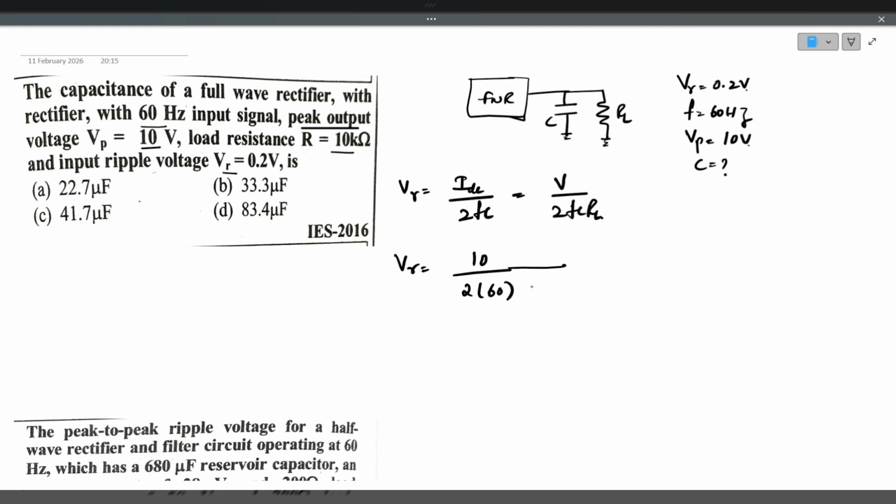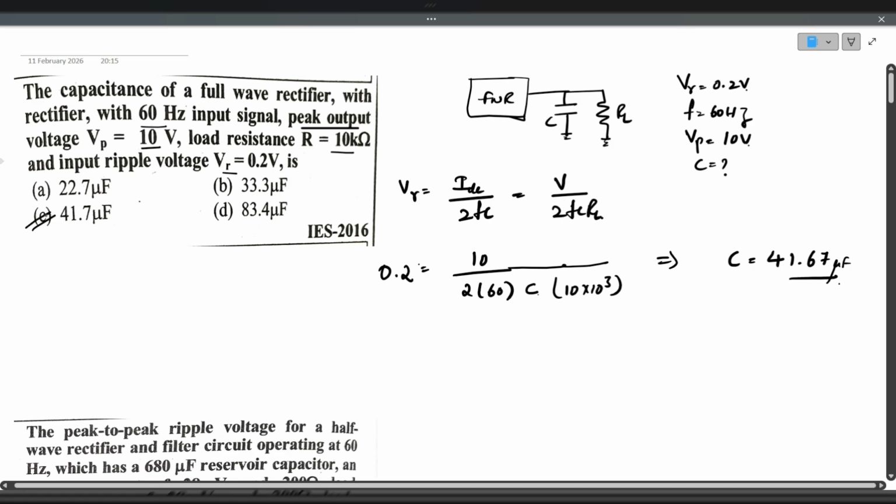Capacitance we don't know, so I will put C only. RL is 10 kilo ohms, 10 into 10 to the power of 3. So here ripple voltage VR is equal to 0.2. From this we can solve the capacitance. C is equal to 41.67 microfarads. So the answer is option C.